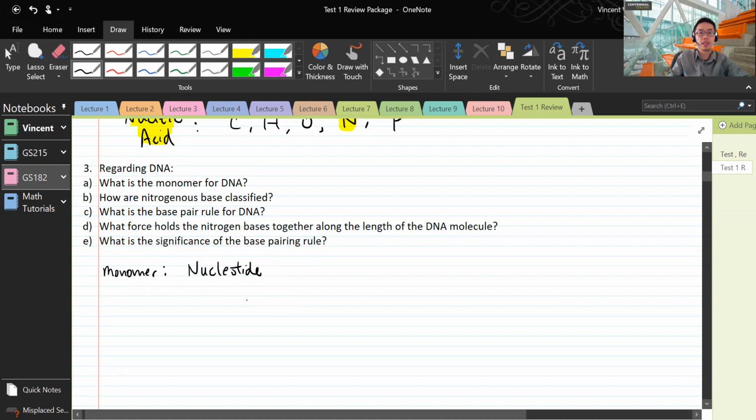So there is going to be a sugar. And for DNA, it is a deoxyribose sugar. Adriana said phosphate group. That is also correct. Okay, phosphate group of PO4 3-, right? And a nitrogenous base. That's correct.